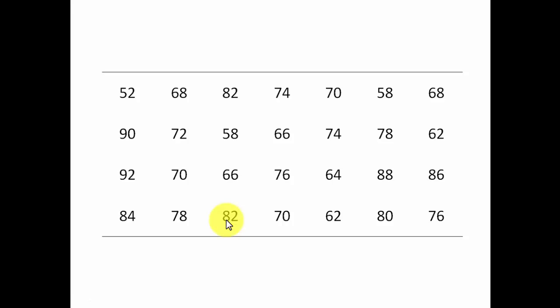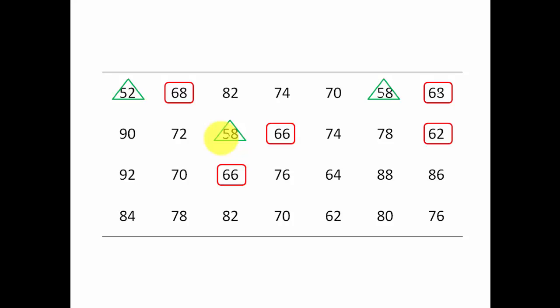I'm going to start with some funny symbols and figure out how many are in the 50s. As you see here, I have 3 data values in the 50s, and I might jot that down on some scrap paper for myself. Then I'll look through and figure out how many are in the 60s: 3, 4, 5, 6, 7.